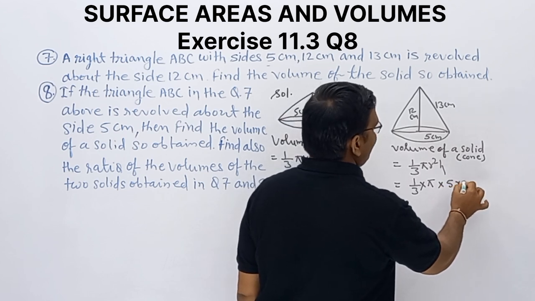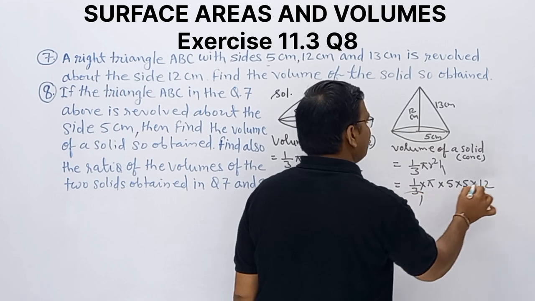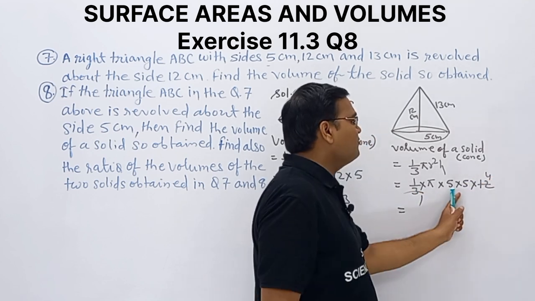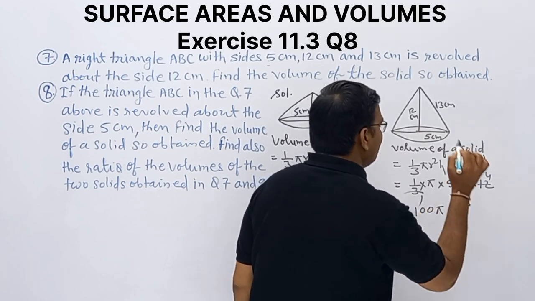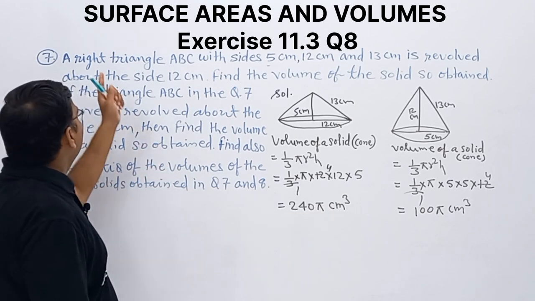So 5 into 5 into h, the height, which is 12 centimeter. Solve: 3 ones are 3, 3 fours are 12, multiply 5 fives are 25, 25 fours are 100. So 100 pi centimeter cube is the volume of the solid obtained in question number 7.